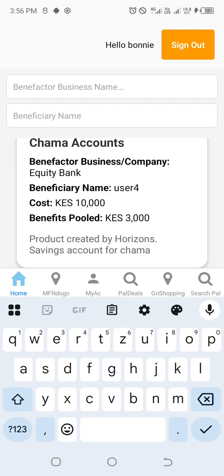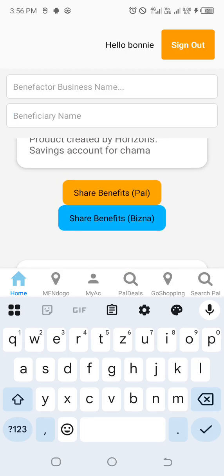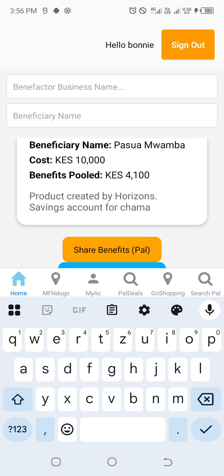It's a savings account for Chama. So basically that's how it works. So once that is done, that's all. You only need to redeem these benefits. It's a very powerful thing. You can contribute towards any cause. You can foot hospital bills. As a crowd, you raise these funds passively without going back to your pocket.